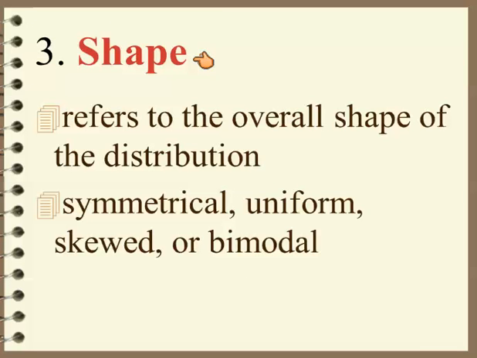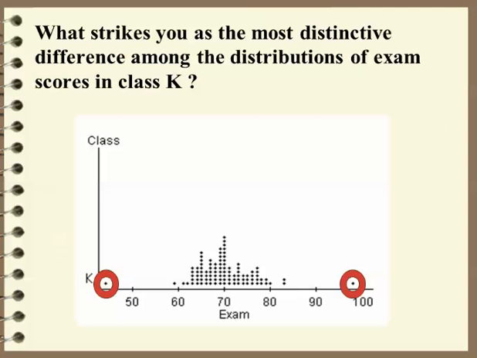It's what's the shape. It refers to that shape. Is it symmetrical? Is it uniform? Is it skewed? Or is it bimodal? We'll talk about this term a little bit later on. But I'm just letting you know those are some of the terms that you might want to use when you're talking about it. Okay? And then lastly, outliers, like these two numbers sitting way out here.